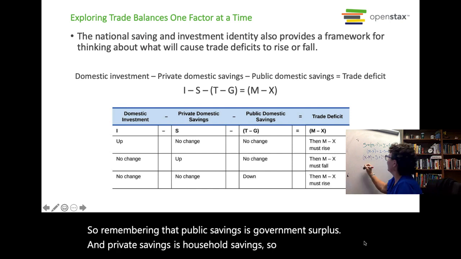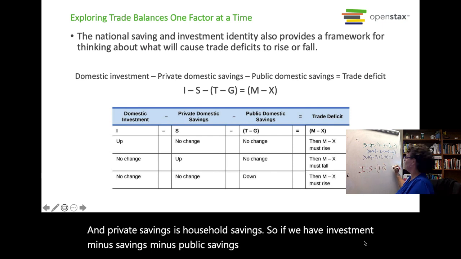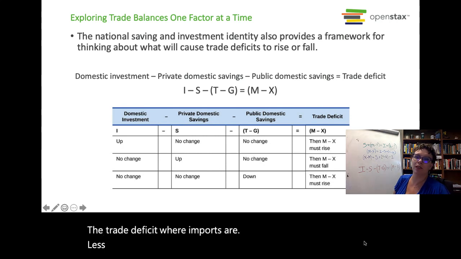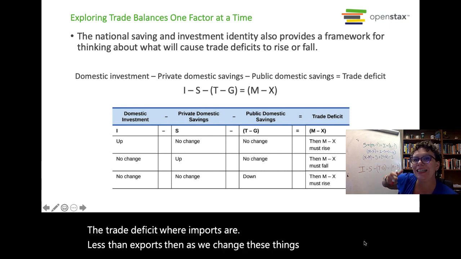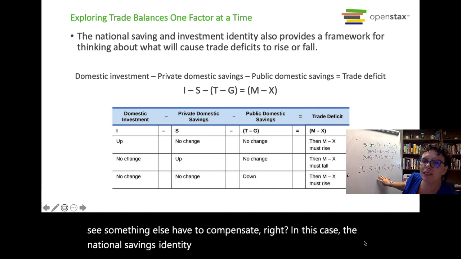So if we have investment minus savings minus public savings equal to a trade deficit where imports are less than exports, then as we change these things, we're going to see something else have to compensate, right? In this case, the national savings identity helps us see how things would change.